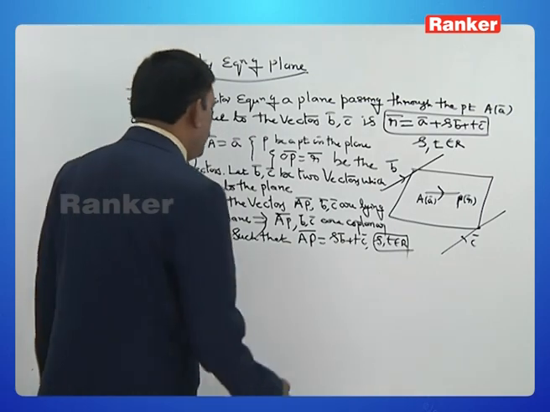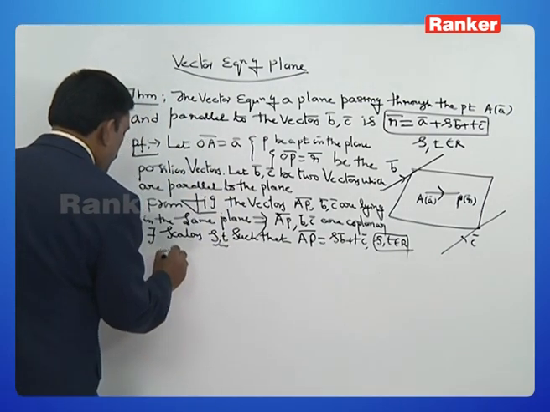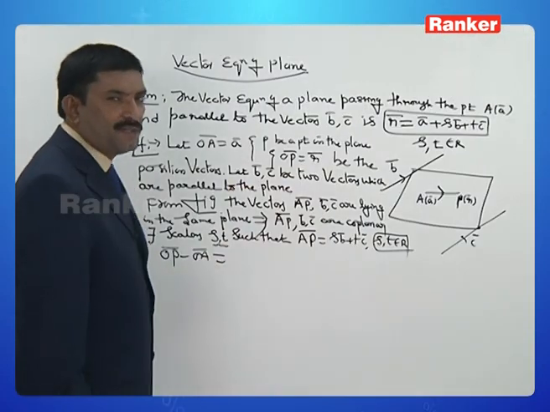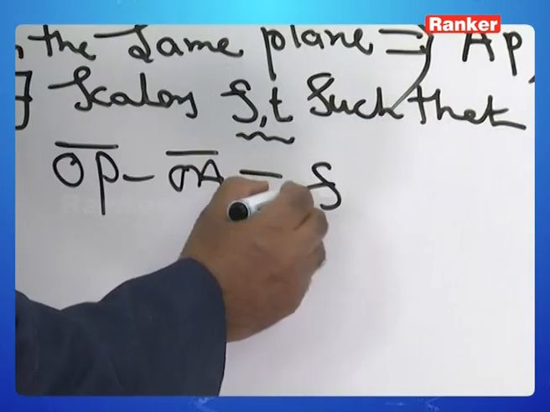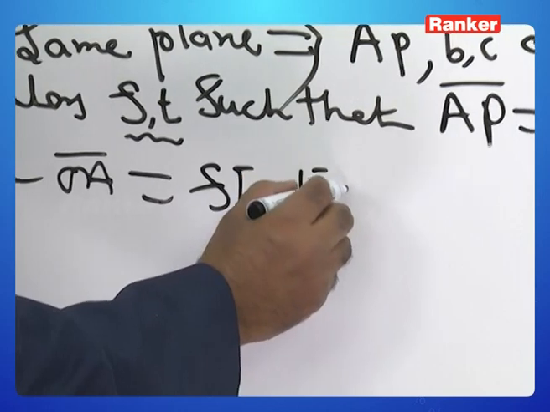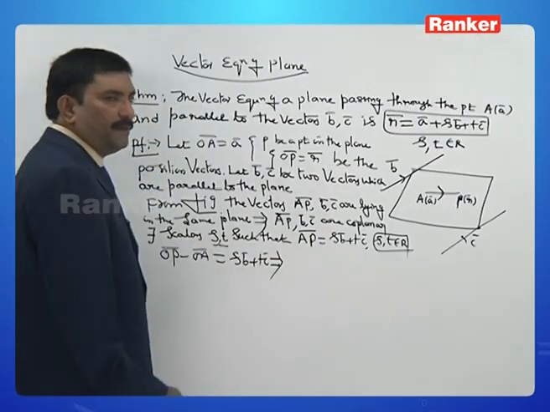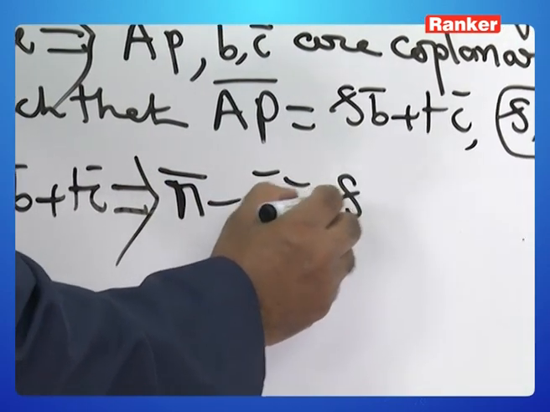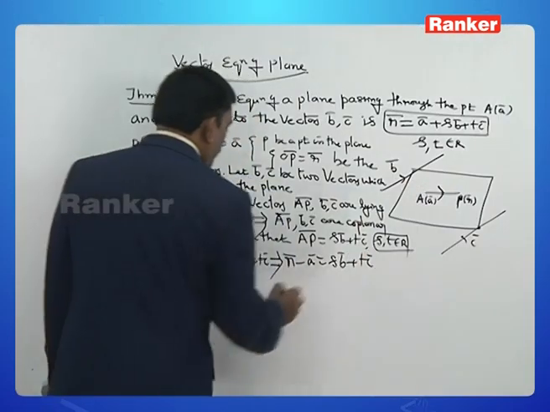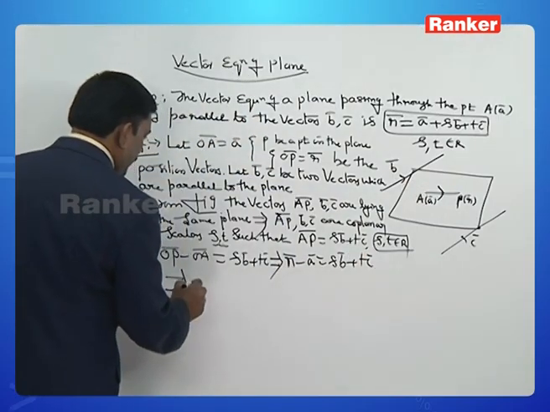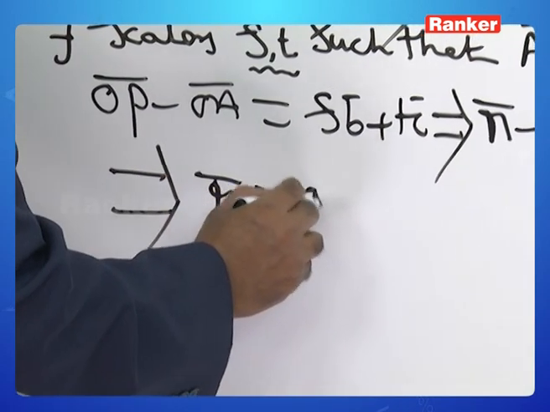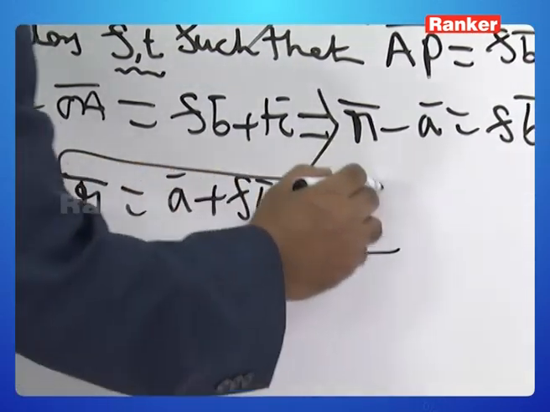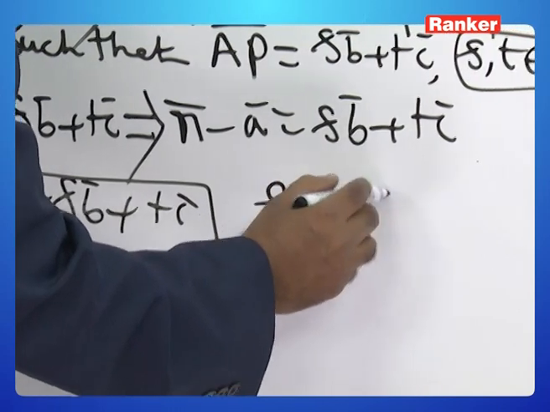So AP bar is OP minus OA, which is S into B bar plus T into C bar. This implies R bar minus A bar is equal to S B bar plus T C bar. Therefore, finally, R bar is equal to A bar plus S B bar plus T C bar, where S, T belong to R.